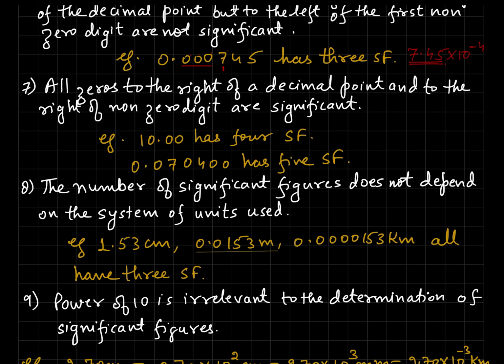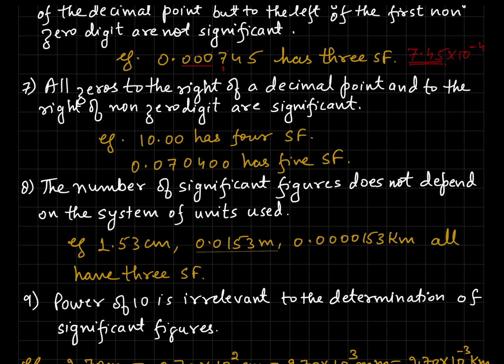All zeros to the right of a decimal point and to the right of a non-zero digit are significant. Like here you can see we have written 10.00. If I write simply 10 centimeter, it means my ruler is correct up to 1 centimeter only.